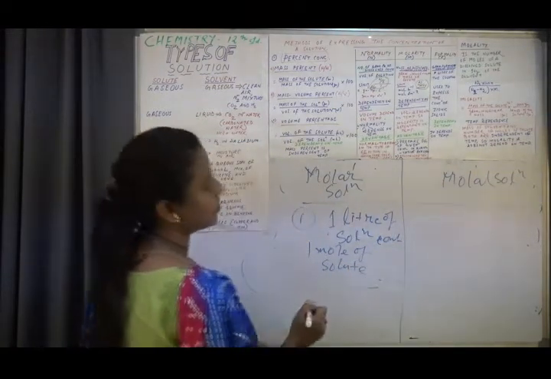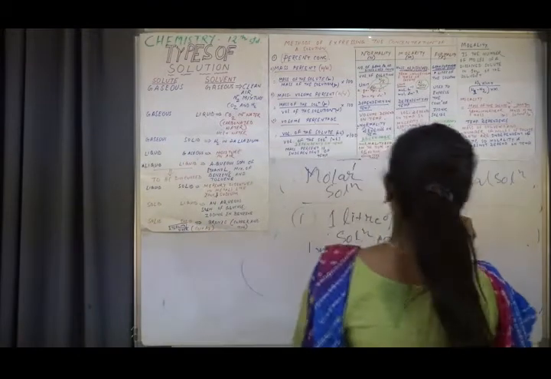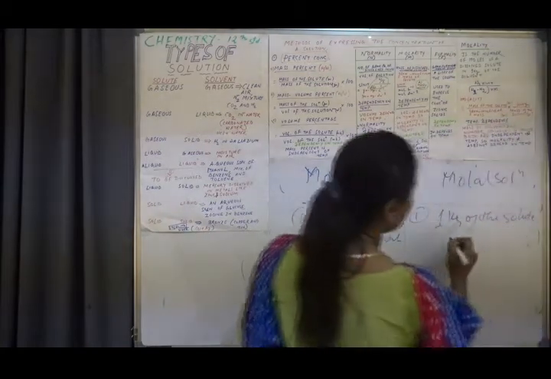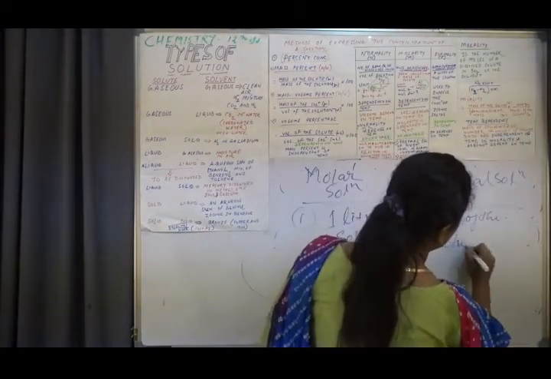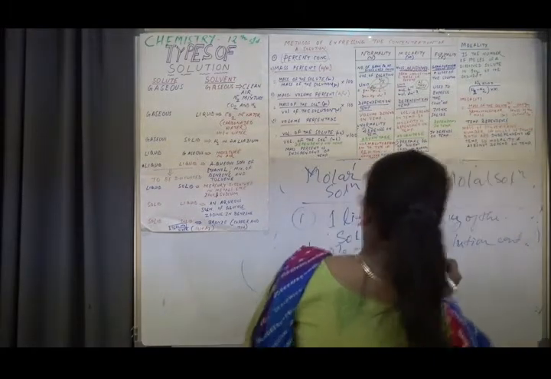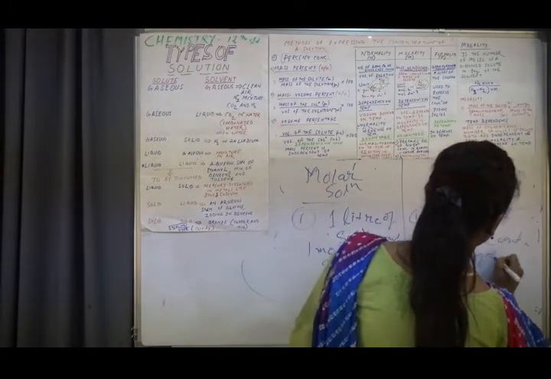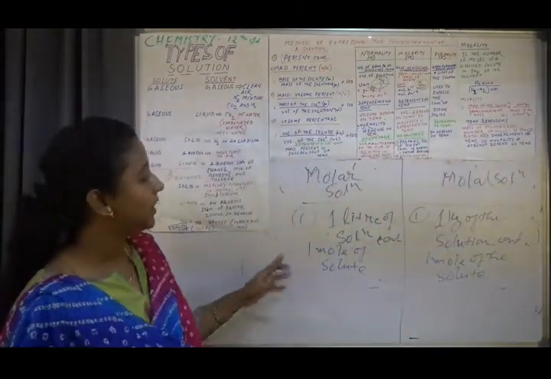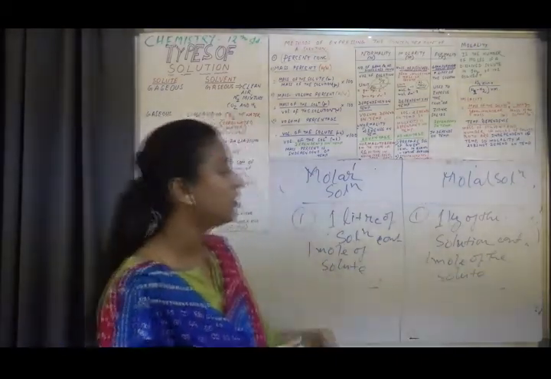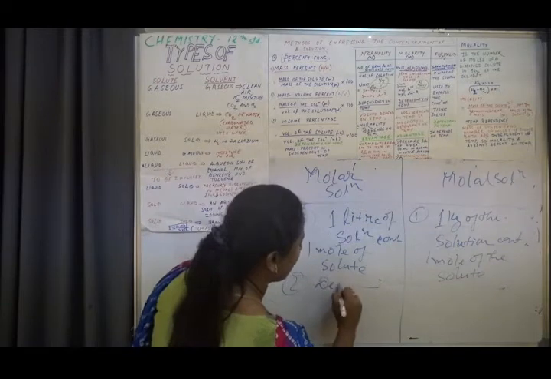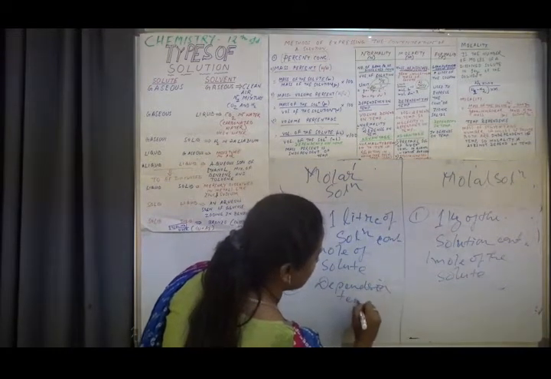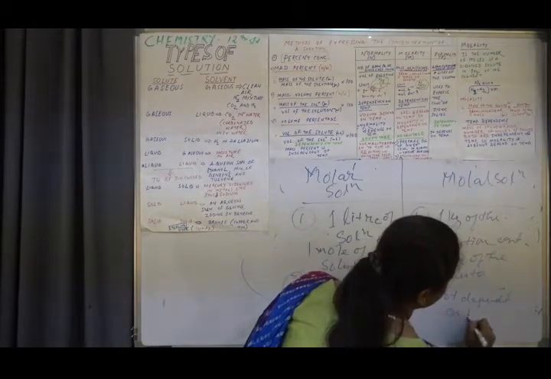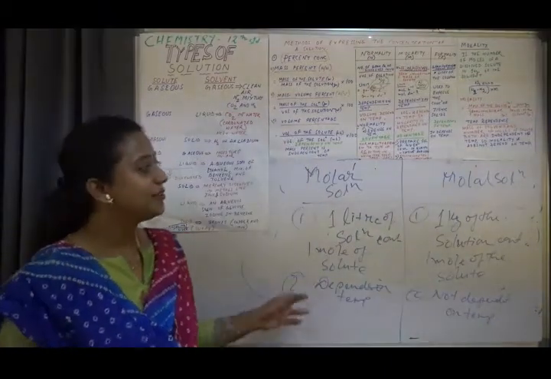And a molal solution is one where 1 kg of the solvent contains 1 mole of the solute. So these are the two differences. One is dependent on temperature, the other is not dependent on temperature. Up to this I have covered.